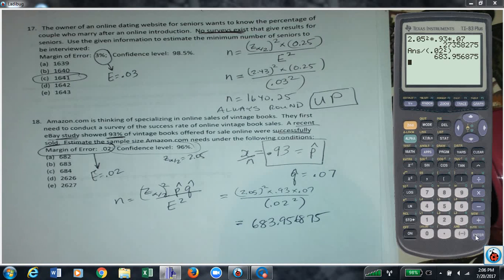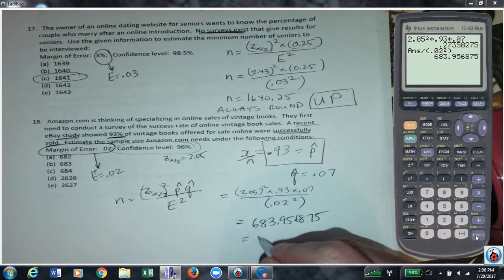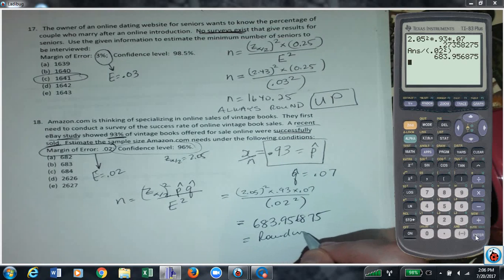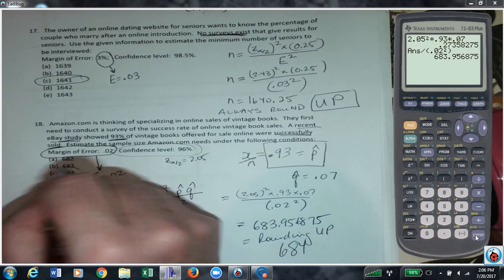Okay. And so when I am thinking about what's the number, if it's not a whole number, you always round it up. Now, if we were just doing regular rounding, we would round this up, but wasn't the case here. Always round up. So rounding up gives us 684.